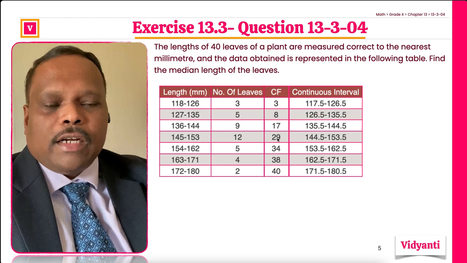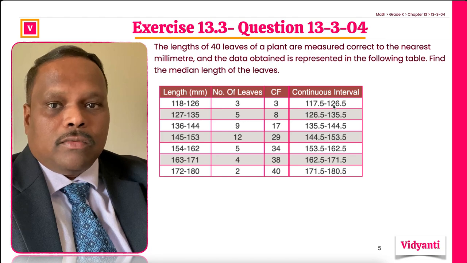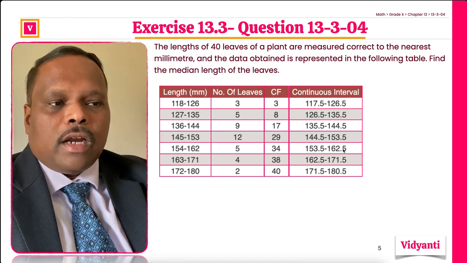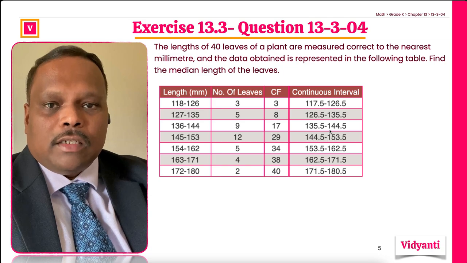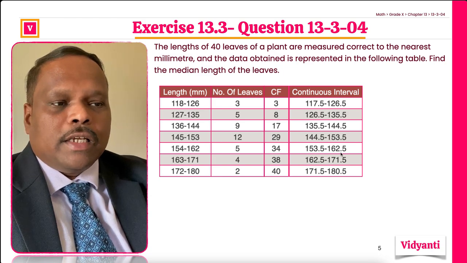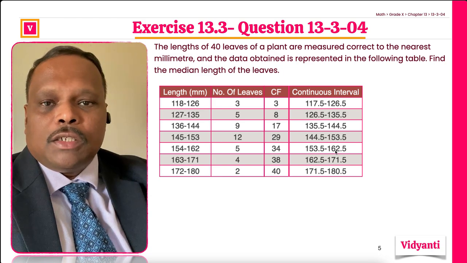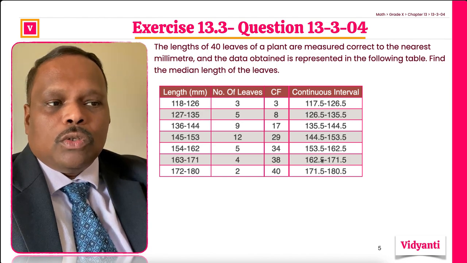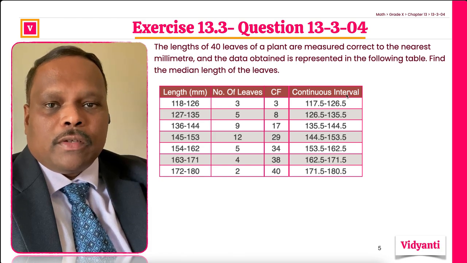Now, you notice that the class interval is continuous, because wherever the first interval finishes, the second interval immediately starts. And that is true for any of the class intervals. You can cross check. Let's say here it ends at 162.5, and this one immediately starts at 162.5 itself. So no data is lost, and the class intervals are now continuous.